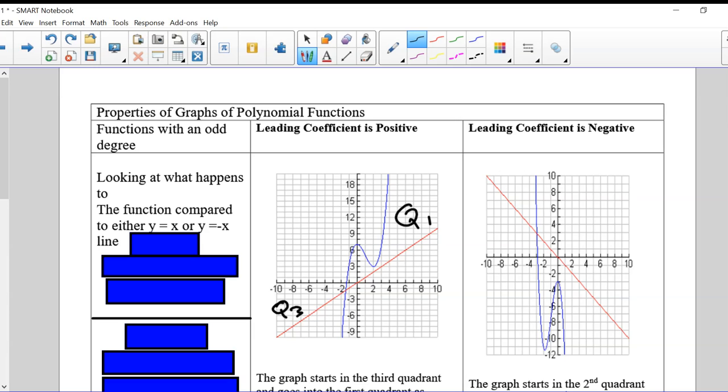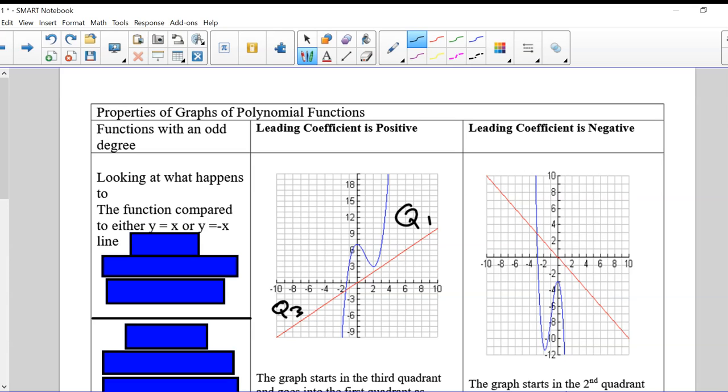Every single odd degree function with a lead coefficient which is positive is going to behave like this red line here. So that means that if it was even a cubic function, like Noah said when I asked the question, Noah talks about a cubic function being an odd degree function. If that cubic function had a lead coefficient that was positive, it would behave the same way.